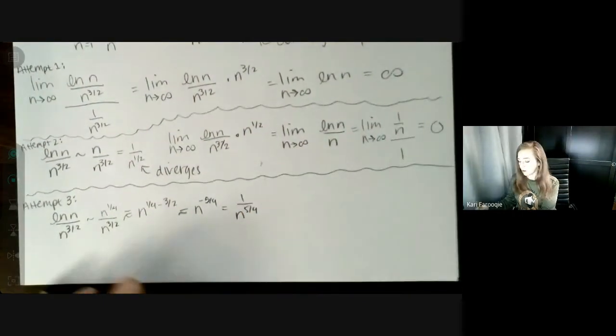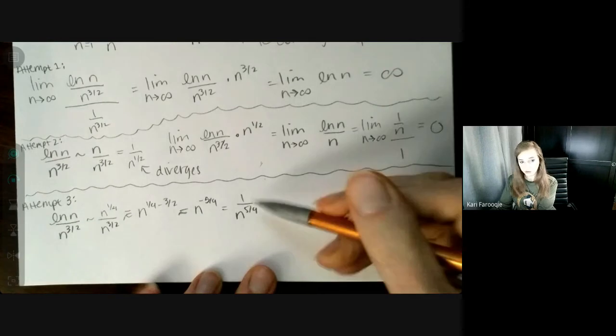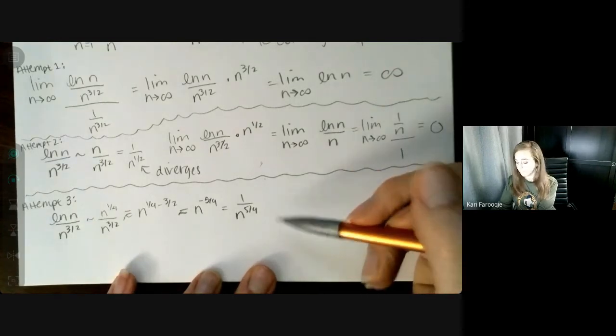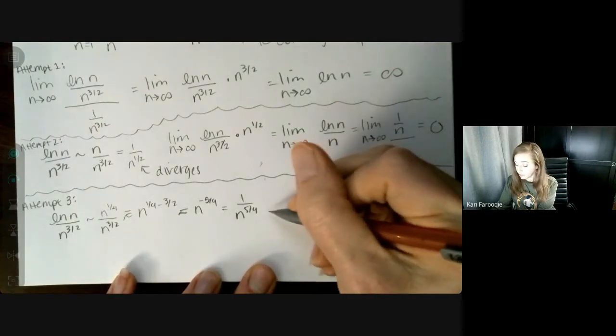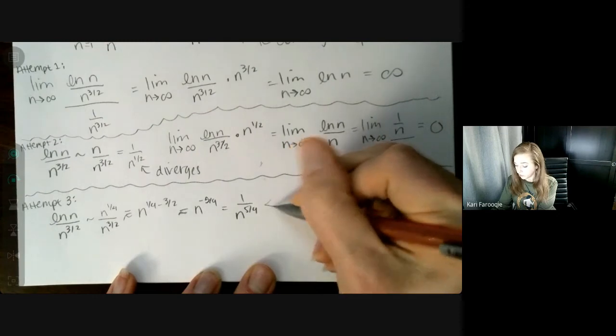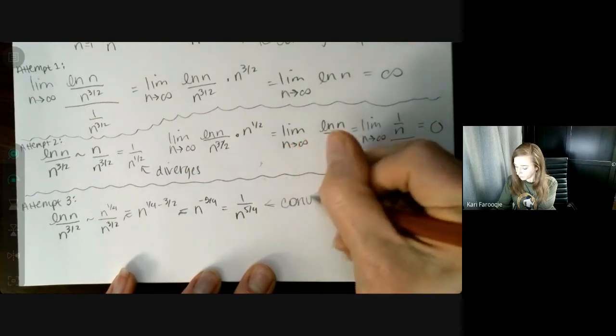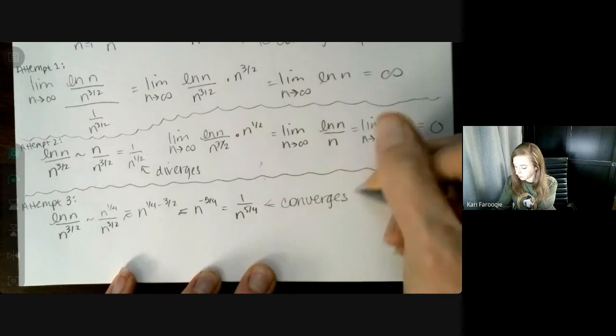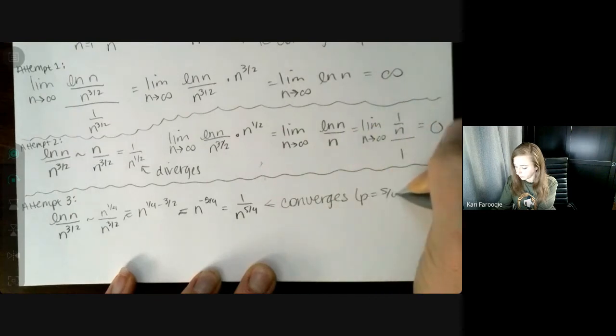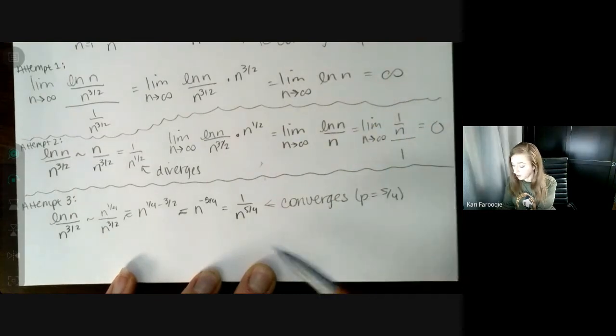So we're going to compare this to 1 over n to the 5/4 power. And this series converges because of the p-series, where p equals 5/4. And I mean, this is like just converging.